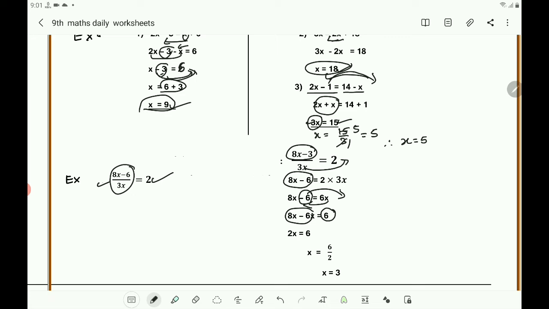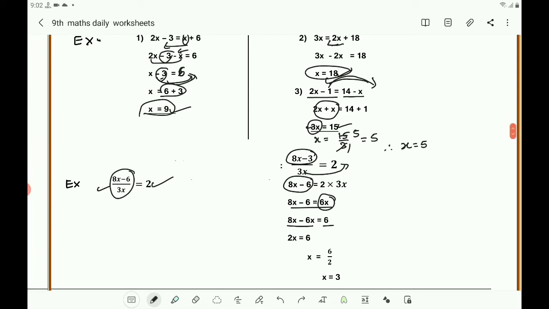So you got 8x minus 6x equals 6. Then you take 8x minus 6x. What you are going to get? 8x minus 6x is 2x.